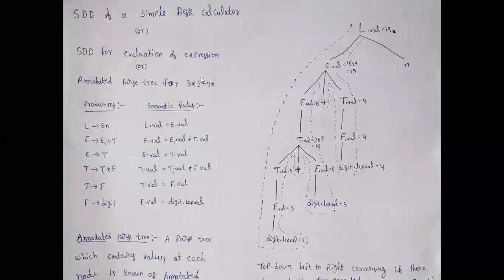Okay, so here we have evaluation of a given expression. How to construct an annotated parse tree?